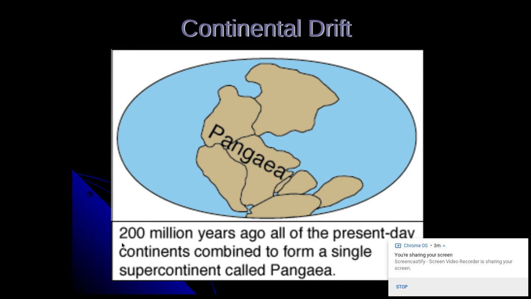And from this 200 million years, the plates have moved apart. Okay, and now we're going to talk about evidences of this. We just talked about why we believe they're moving apart, the convection cells. Now we're going to look at evidence to help prove this theory.